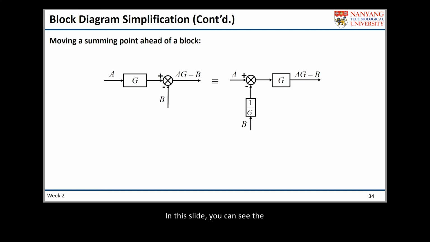Okay, in this slide you can see the first trick that I want to share with you. You might have a complex block diagram which you can simplify only if you swap a transfer function in one of the subsystems of the block diagram with the summing point that follows that transfer function G. In this case, I have a transfer function G followed by a summing point.